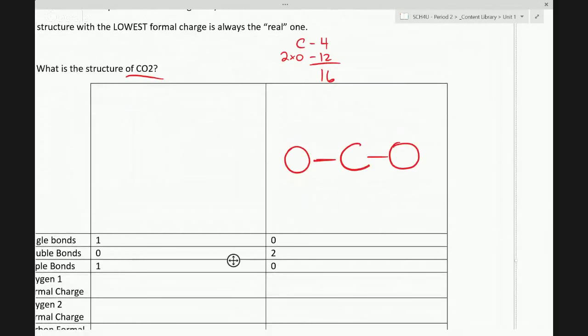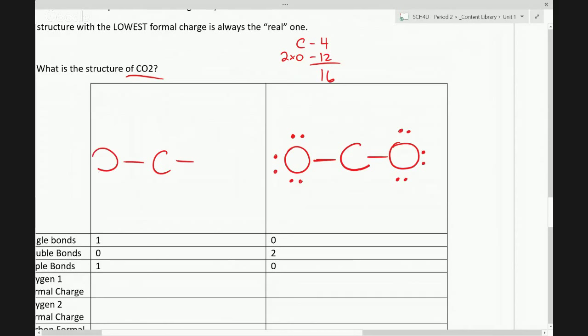So we'd come down here, we'd complete the octet of both of the oxygens, and then we'd count how many electrons we'd have. And of course, this one has to start the exact same way, because you can't break the rules of the octet.